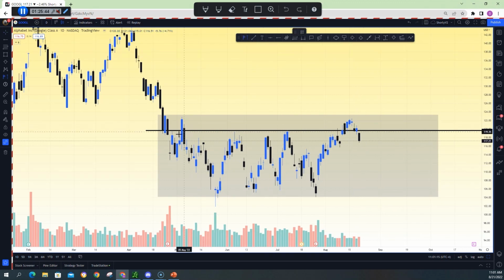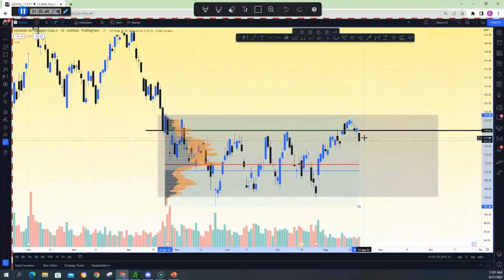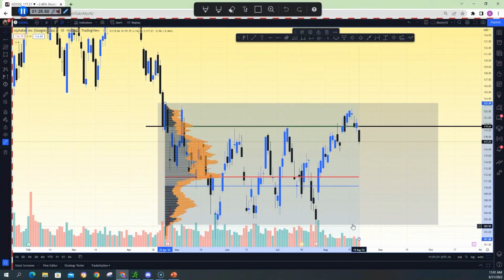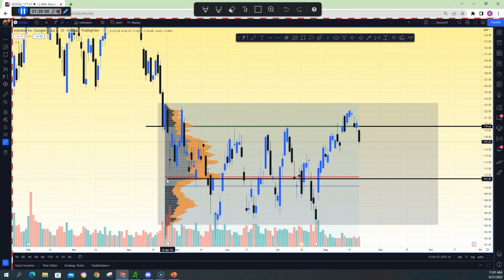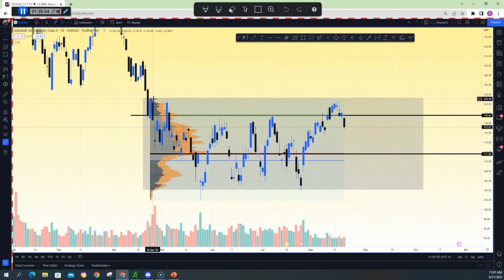Somebody asked earlier, I don't know who it was, how do you know where to go to? Well, if history repeats itself and the buyers are still buyers, and if you got in short at this level here, then you know where you need to get out.